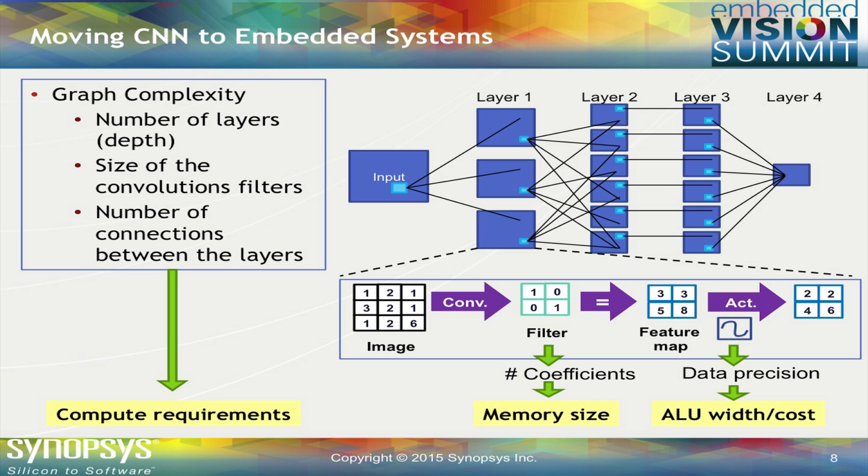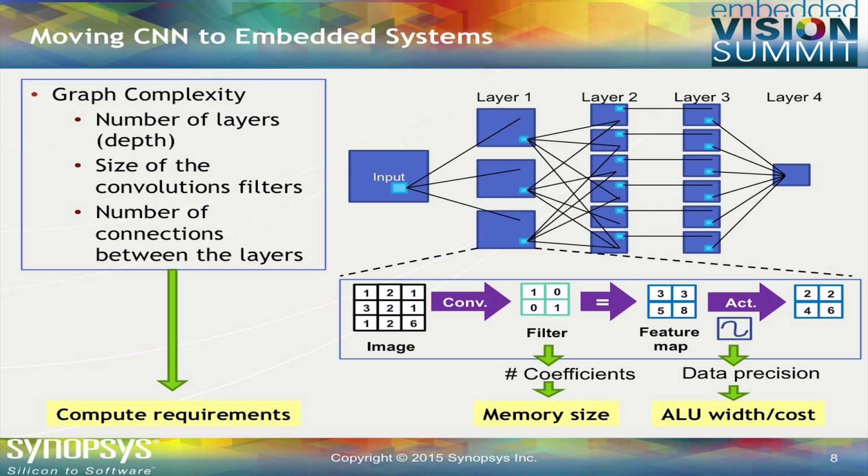If you have smaller kernels, obviously you'll do a smaller convolution, and that will simplify the calculation. And the number of connections between the layers. Each connection requires its own set of coefficients for the convolution, so that will also determine the memory size that you need to store all those coefficients.